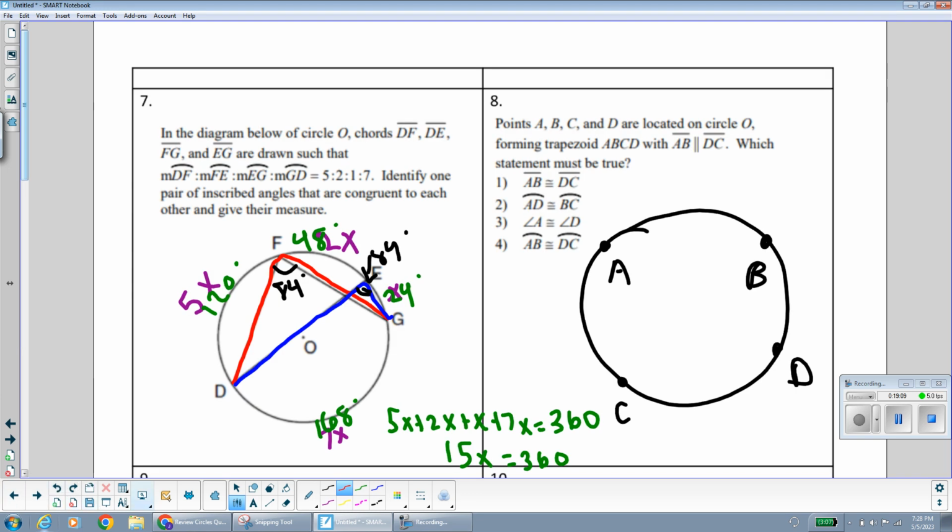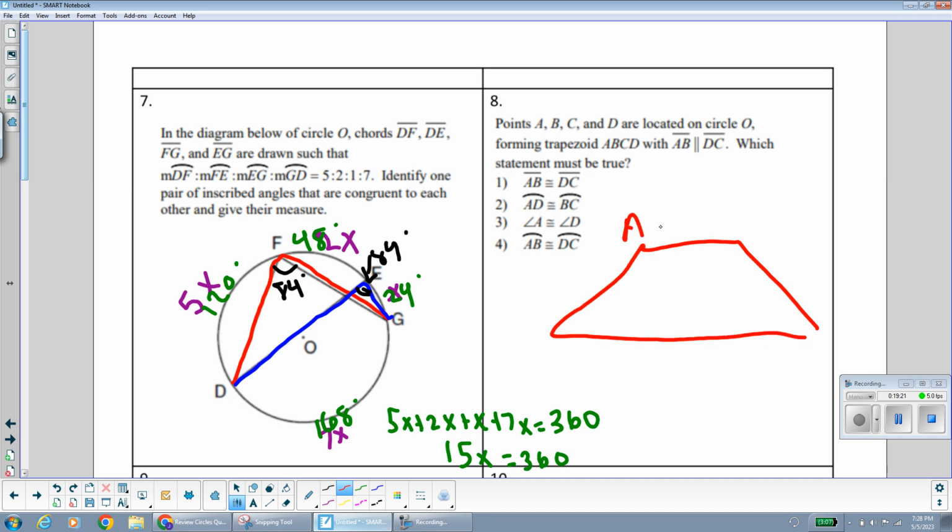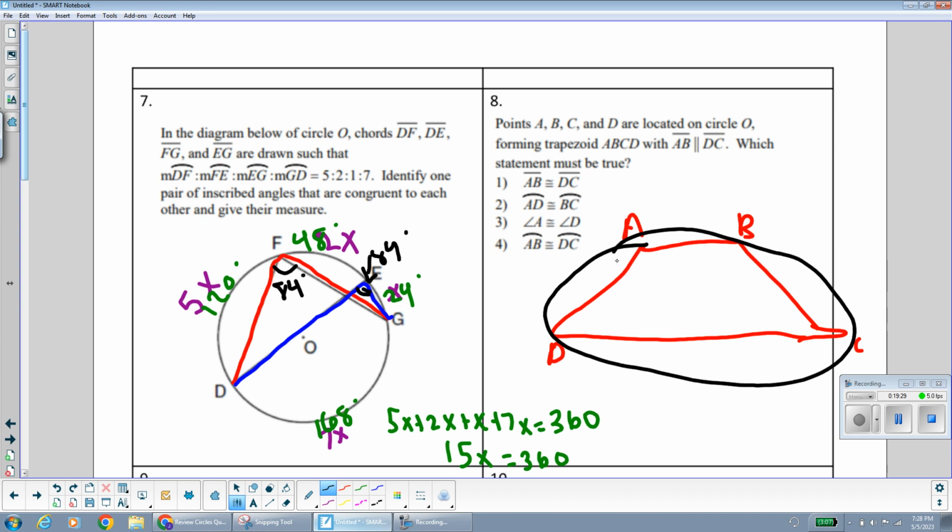Let me retry that picture. I'm going to try to draw the trapezoid first and then draw the circle around it because I'm a terrible artist. A, B, C, D. That doesn't look much better, but that's okay. We get the idea. And it tells us that AB is parallel to CD.